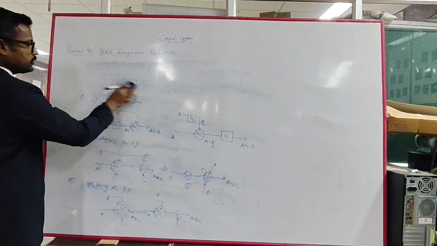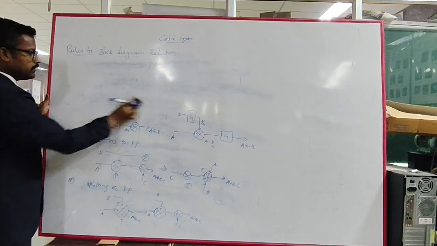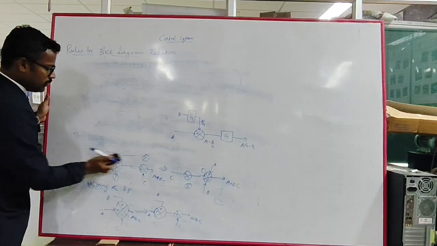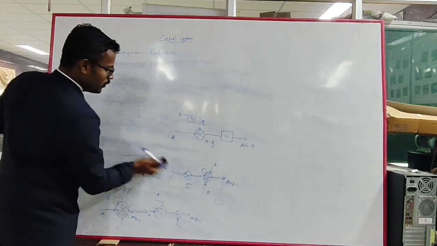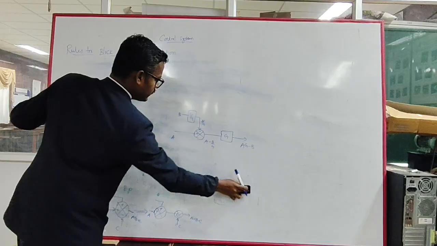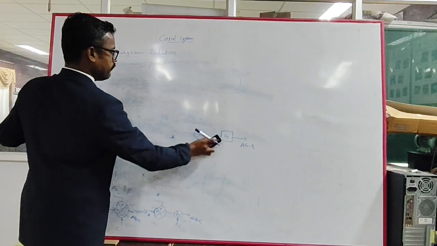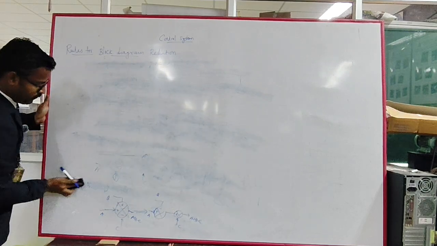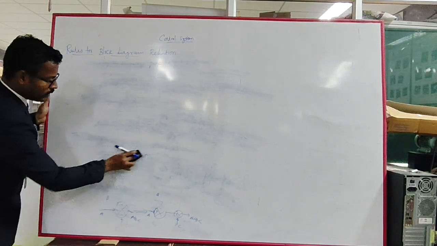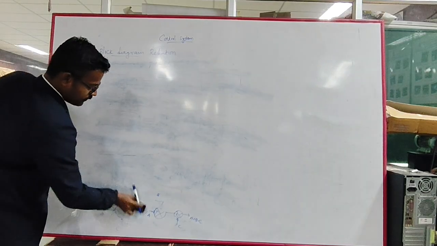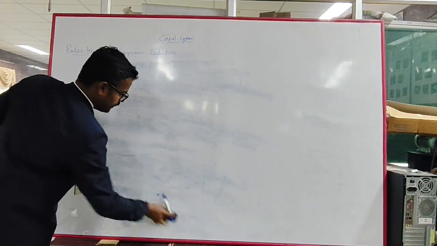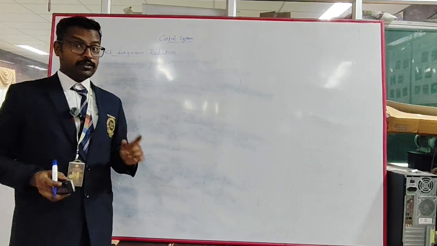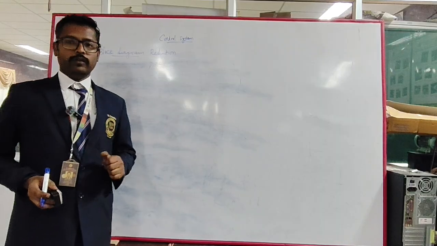The derivation of the gain is not so important, but the formula is needed, because while you are reducing the blocks, we have to apply that formula, then we can get the final reduced block diagram transfer function. There are only two types of feedback: it can be either positive or negative.